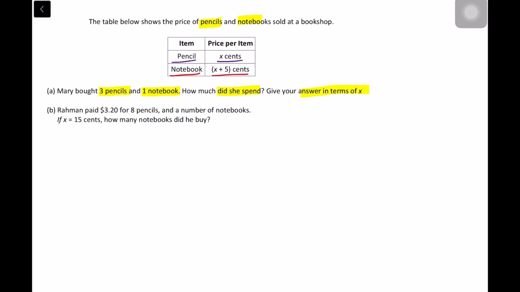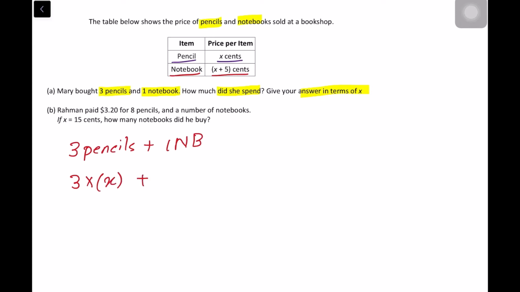Okay, so sorry, not May, Mary. Mary bought 3 pencils and 1 notebook. The cost of one pencil is x cents, so she bought 3. If the cost of one pencil is x cents, then the cost of 3 pencils should be 3 times x cents, right?